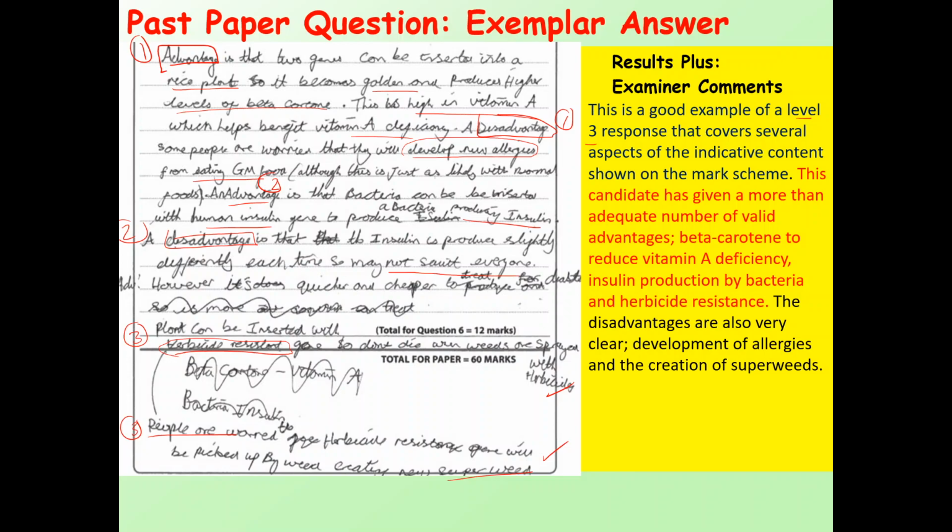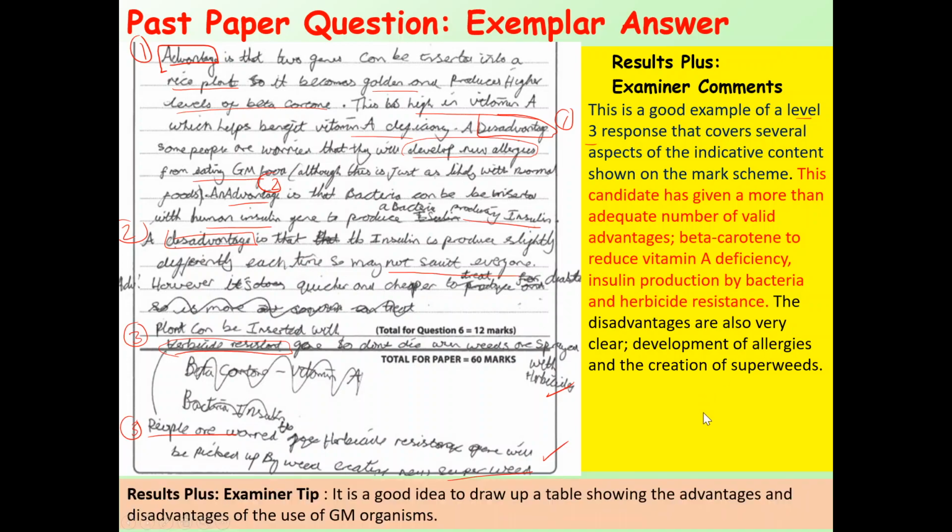The disadvantages are also very clear: development of allergies and the creation of superweeds. Little examiner tip at the bottom: it's a good idea to draw up a table showing the advantages and disadvantages of the use of GM organisms, like in the example that I showed you. You don't have to, it just makes it a little bit easier to do the comparative points. This ultimately would have scored 6 marks.